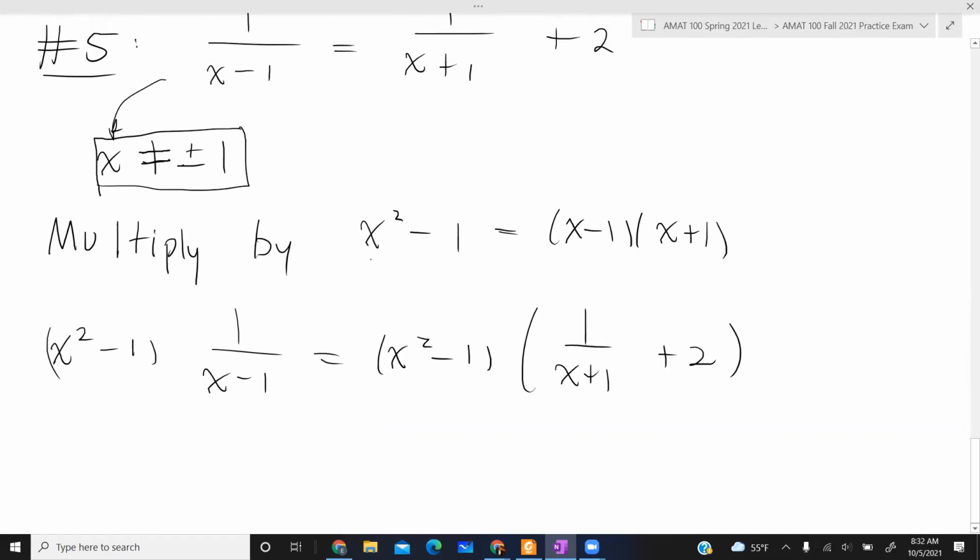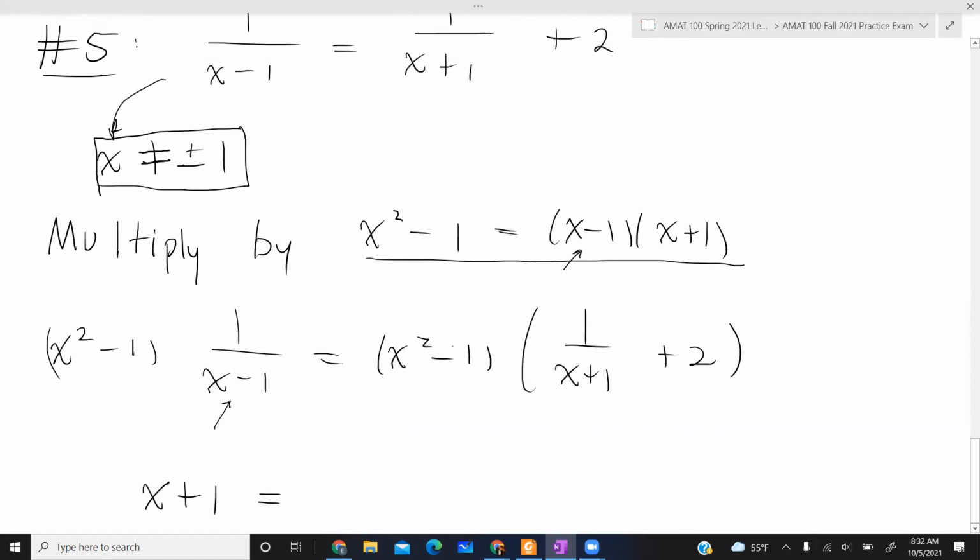So as I noted here, x squared minus 1 can be factored this way. So x squared minus 1 and then times 1 over x minus 1. Sorry, the 1 over x minus 1 right here cancels with this x minus 1 here. So on the left-hand side, all we'll be left with is the following: x plus 1.